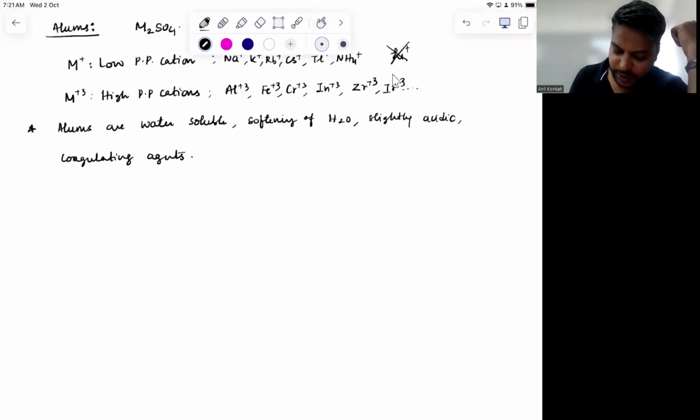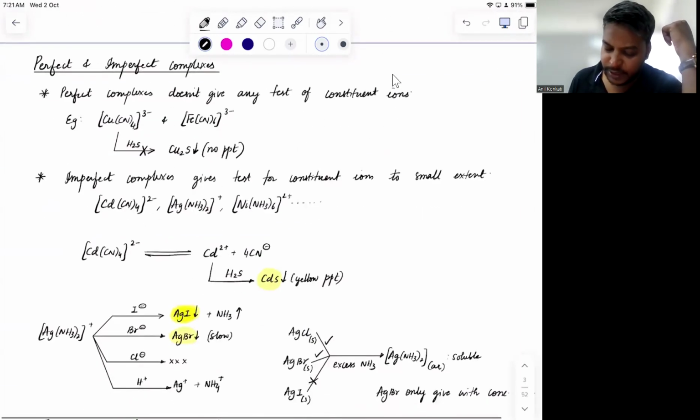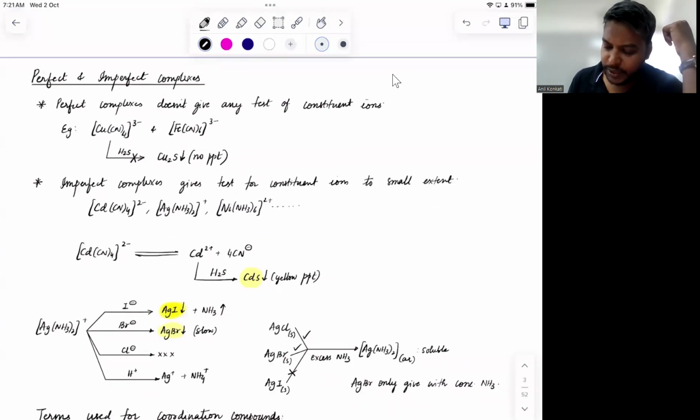Now, you must have seen how Mohr's salt looks like, and other cases. Next, coming to this word, what are perfect and imperfect complexes?